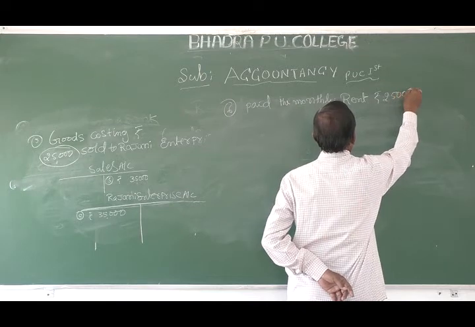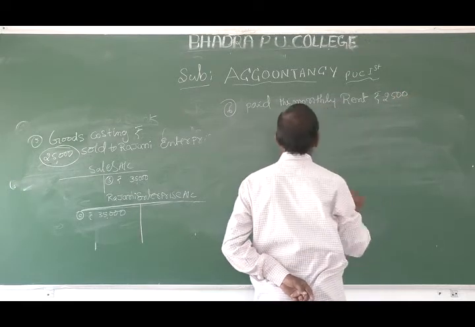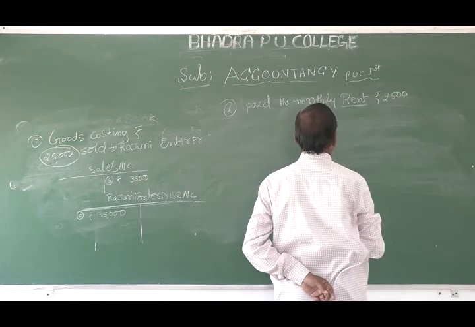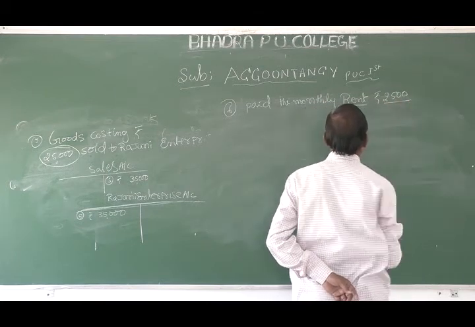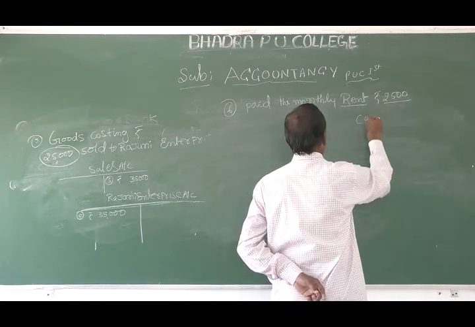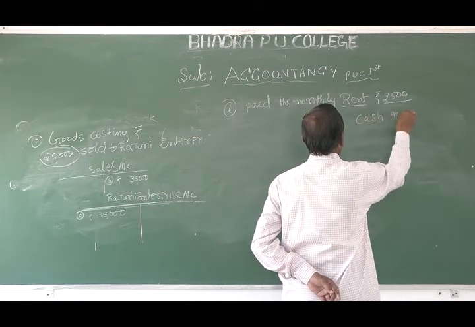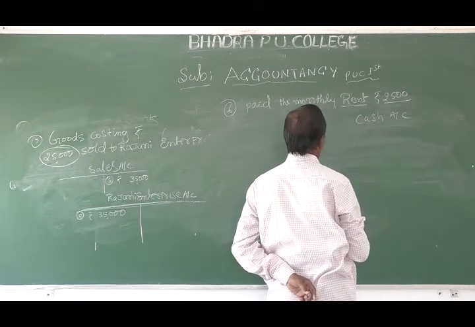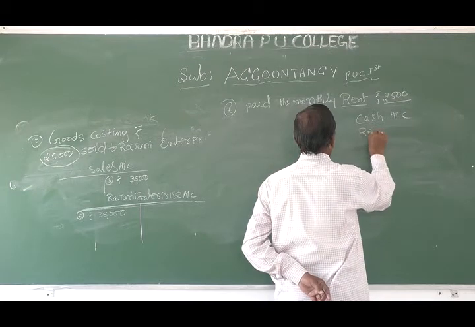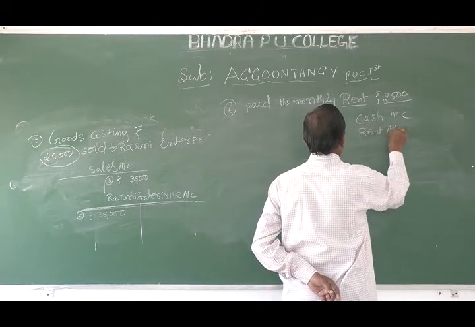There are two accounts. One is rent, a nominal account, and cash is a real account. Cash account is the 2500. Another one is a rent account, nominal account.